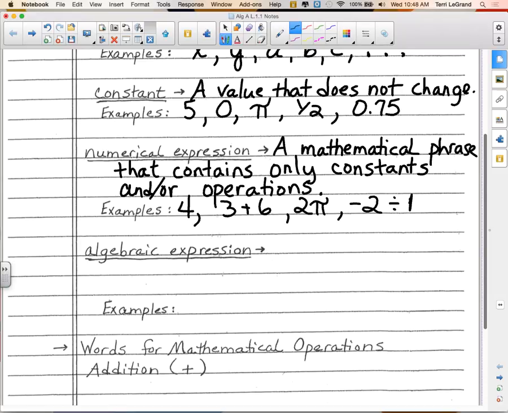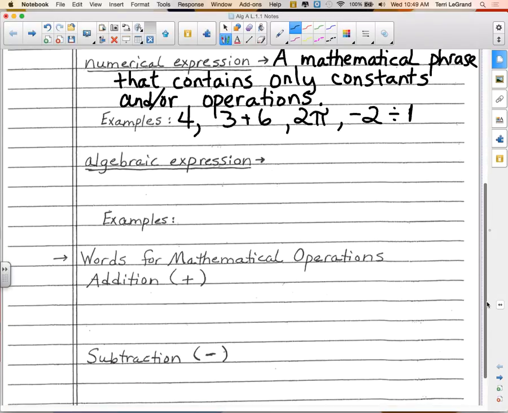Okay? So an algebraic expression. I want to make this as easy as I can for you, but yet, I'm afraid that we might leave something out. So we're going to have to write out a big long statement again, but I'll try and explain it easier. So a mathematical phrase, it's an expression, so it's a phrase, not a sentence.